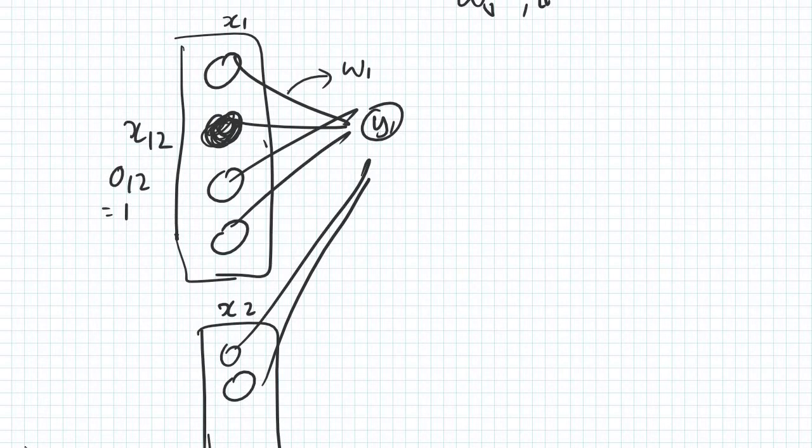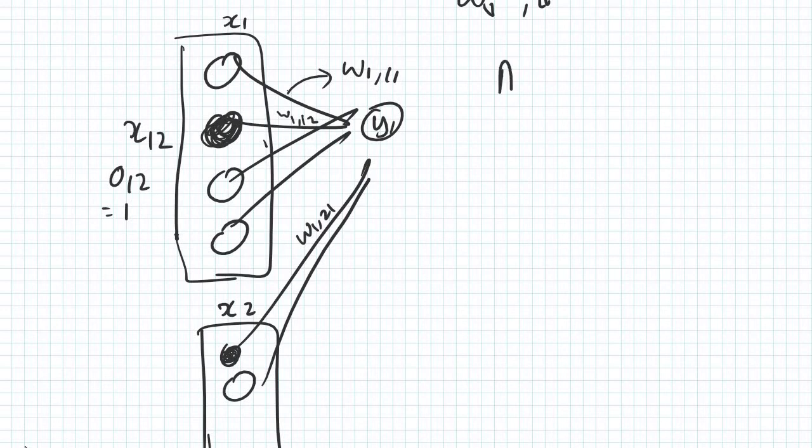This weight currently is w1,11 and this is w1,12, and so on. And we see w1,12 is active and all others are 0 in the case of x1. Suppose similarly we have the first one active in the case of x2, then w1,21 is also active.